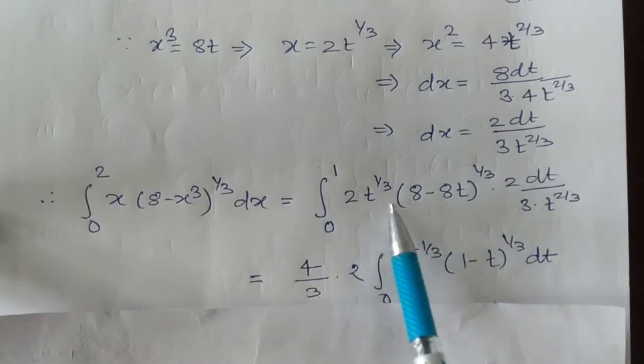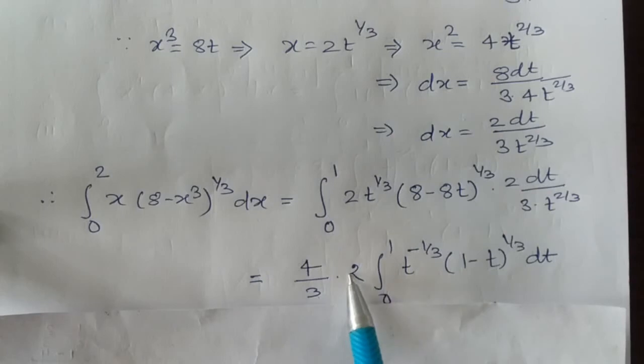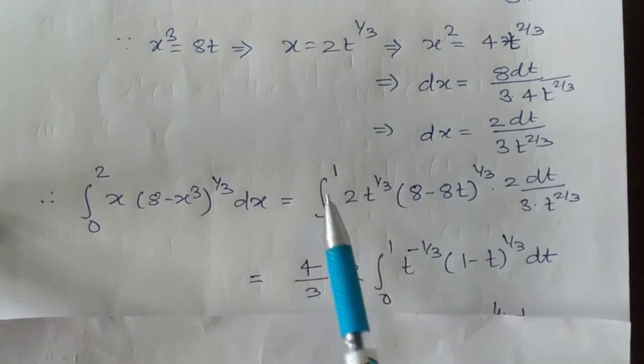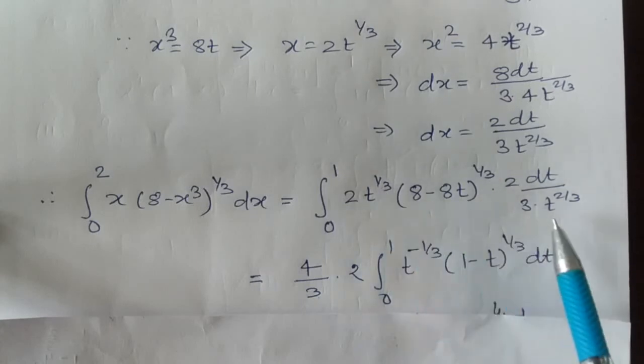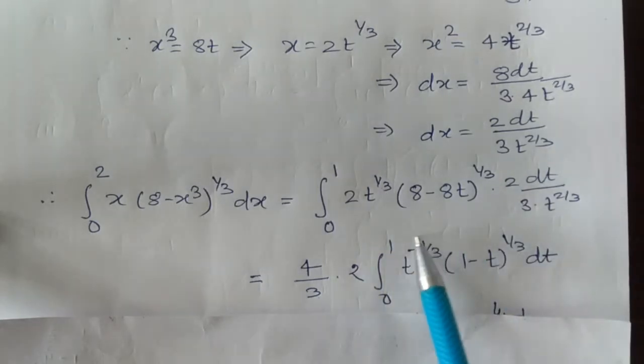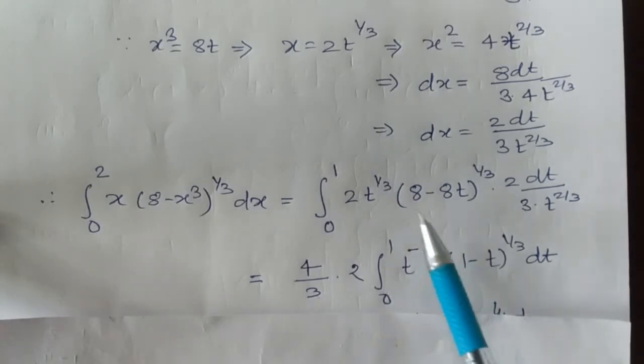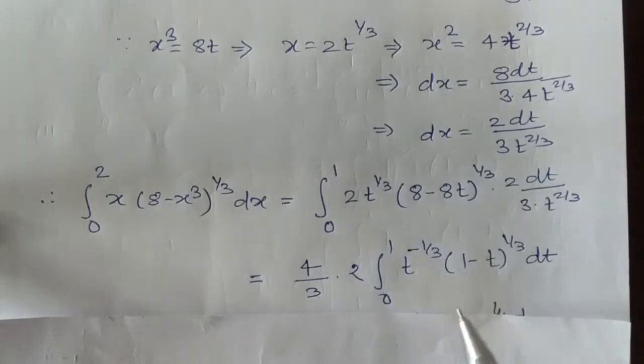Then the integral from 0 to 1 of t power 1/3 upon t power 2/3 becomes t power minus 1/3, into (1 minus t) whole power 1/3 dt.